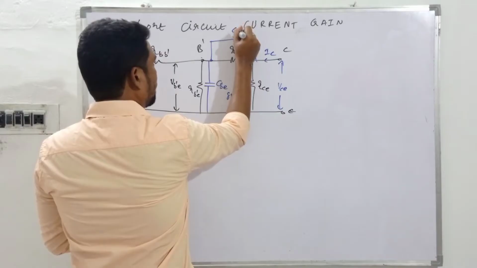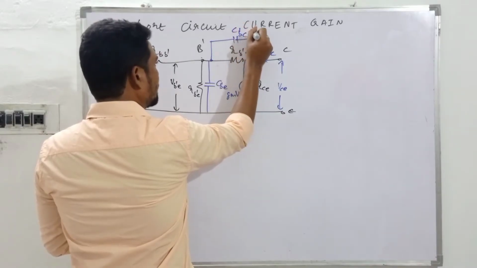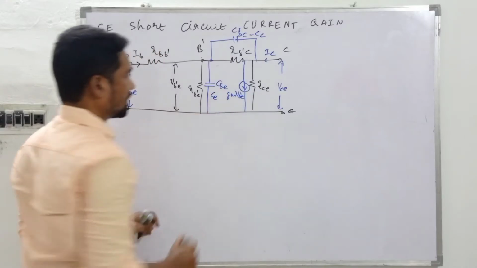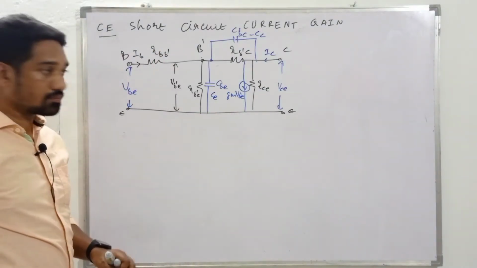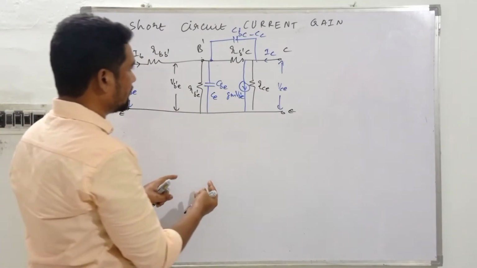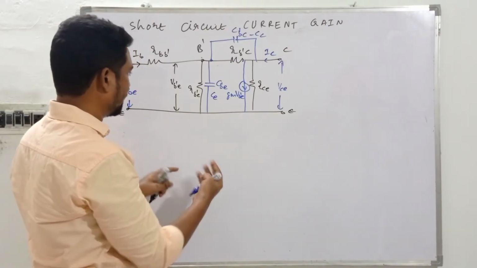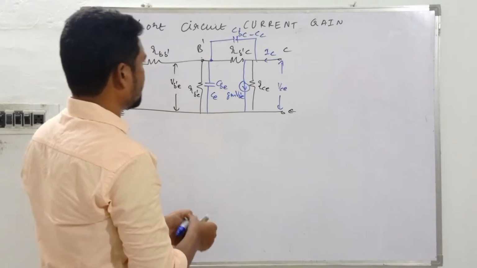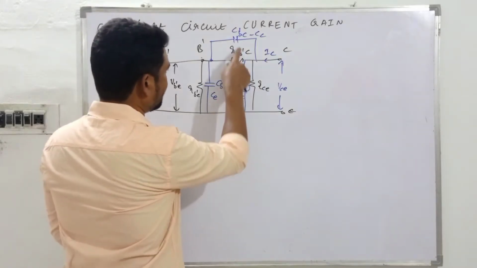That is C B dash C, or simply CC, and this will be simply CE, isn't it? So guys, this is the complete hybrid pi model, and we have to start the analysis from this point.